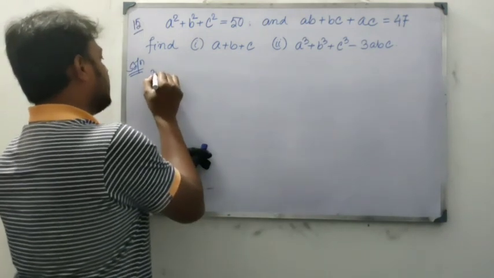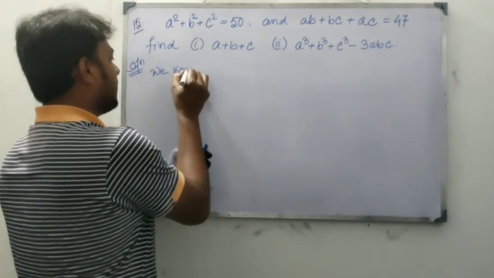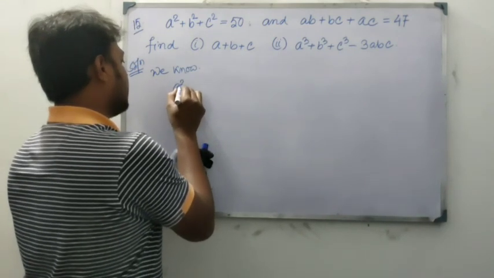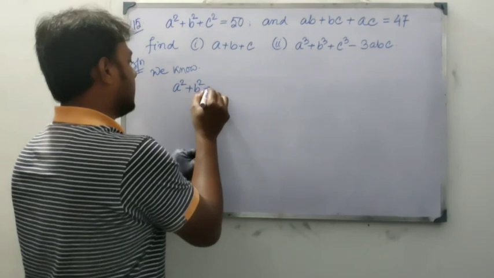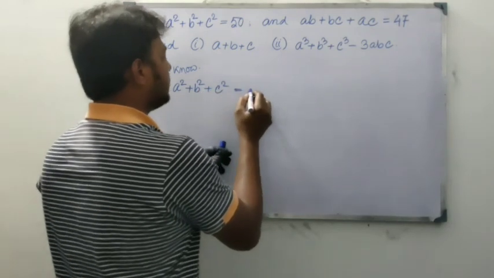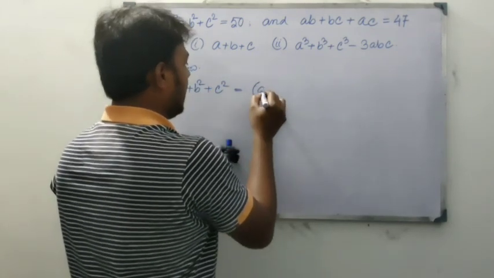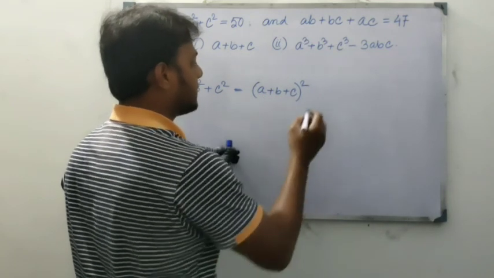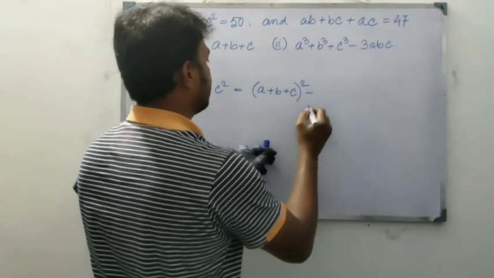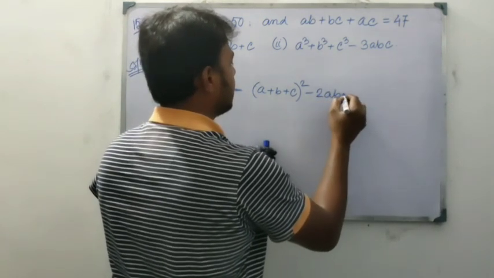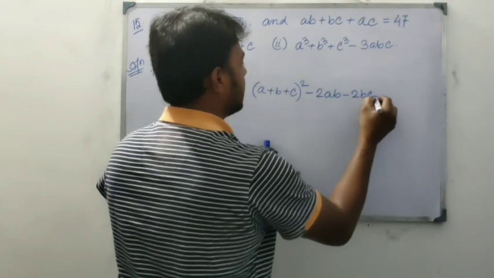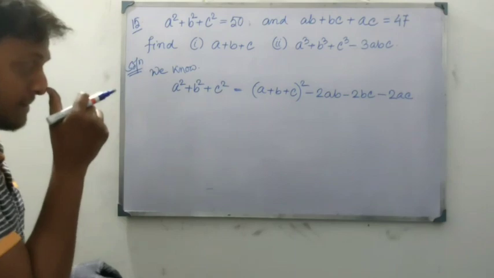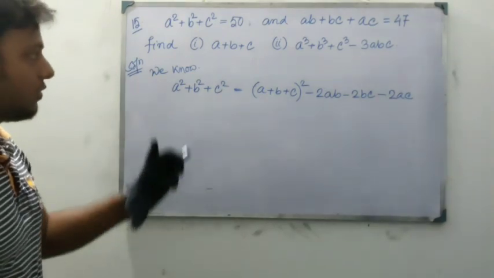So we know the identity for a square plus b square plus c square: a square plus b square plus c square equals (a plus b plus c) whole square minus 2ab minus 2bc minus 2ac.